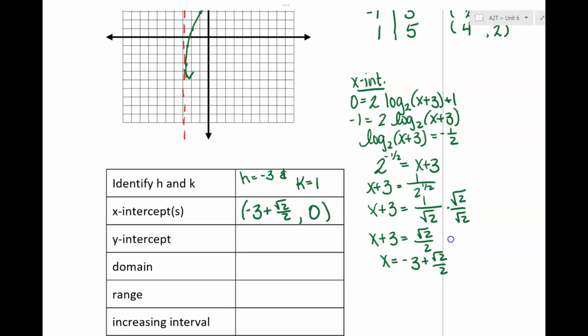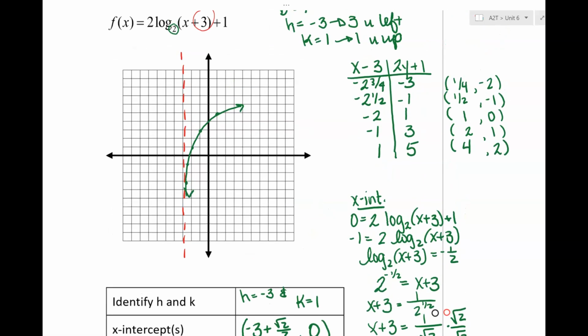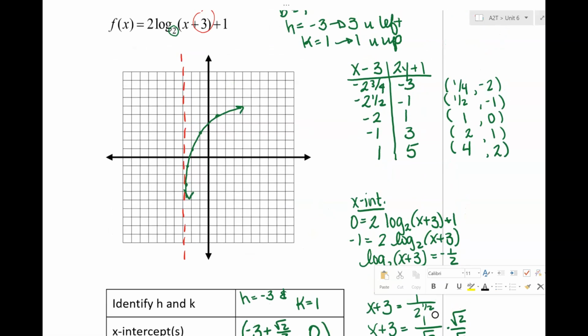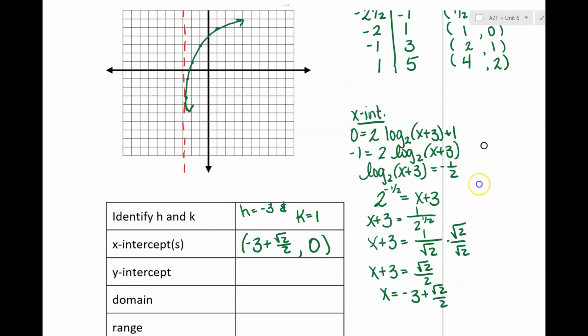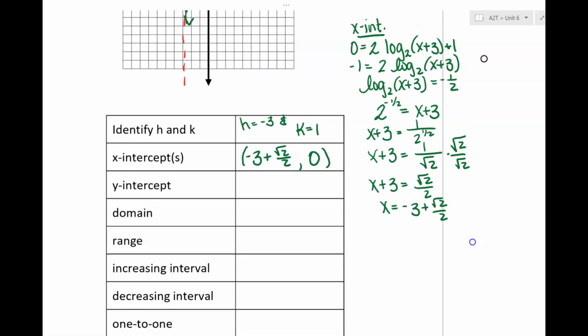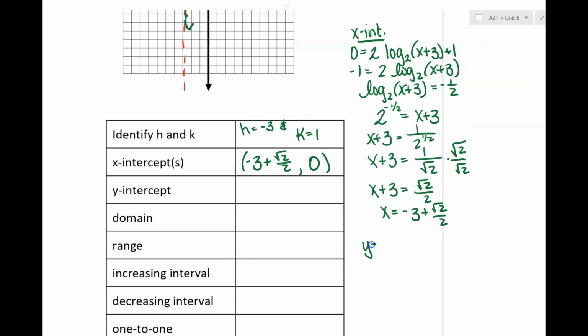Okay, y-intercept. It looks to me as if it's at 4, but my graph isn't 100% accurate because of the decimals, and we definitely had to graph to the best of our ability. So we need to not assume that our graph is accurate. We need to actually solve.